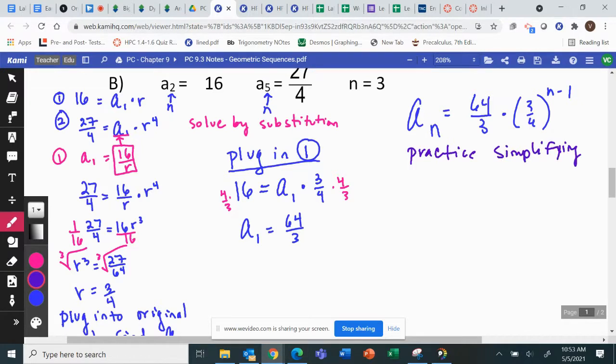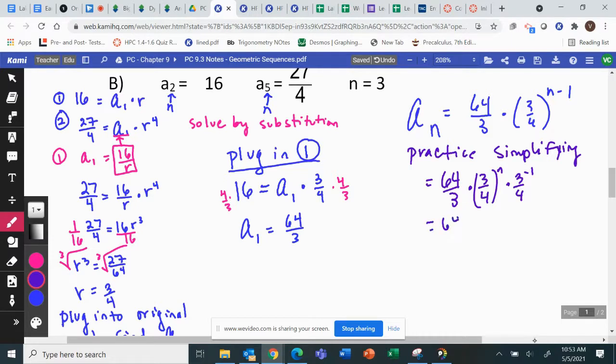So really all I have to do now is plug in 3. That's all I need to do, okay? But I want to do this really fast. To simplify it, we're going to take 64/3 multiplied by 3/4 to the n multiplied by 3/4 to the negative 1. And then 3/4 to the negative 1 is actually what? 4/3.